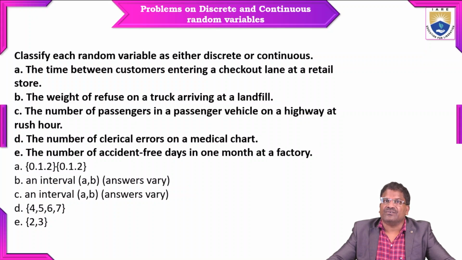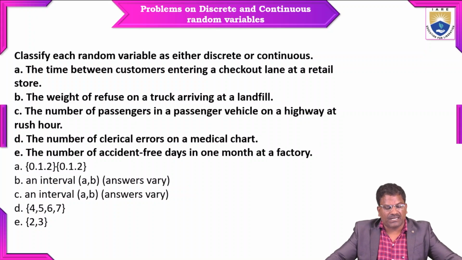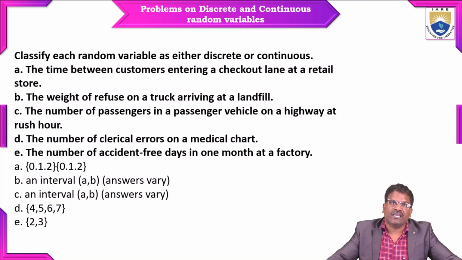The weight of refuse on a truck arriving at a landfill, see, it comes under interval AB. The third one, the number of passengers in a passenger vehicle on a highway at rush hour, it comes under interval AB, some closure, open interval A comma B.